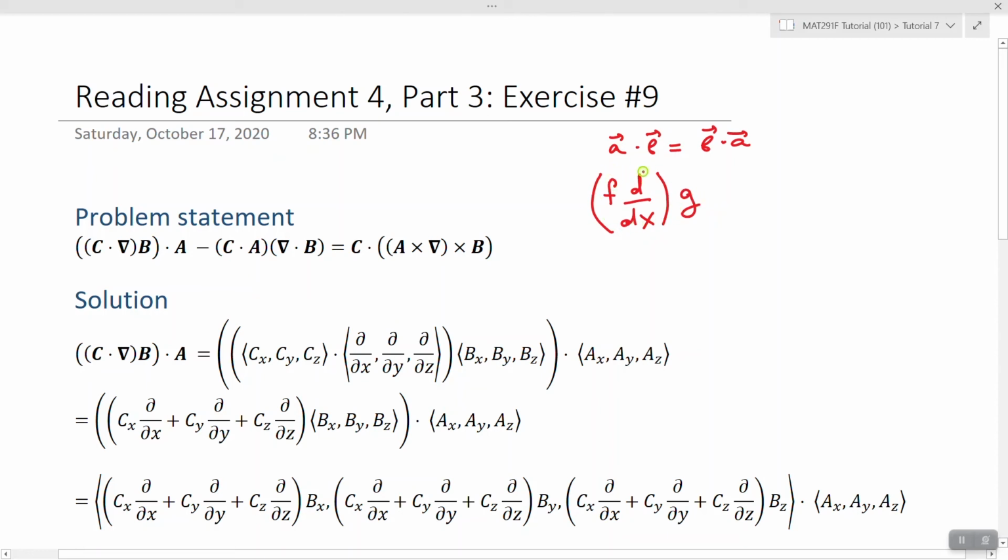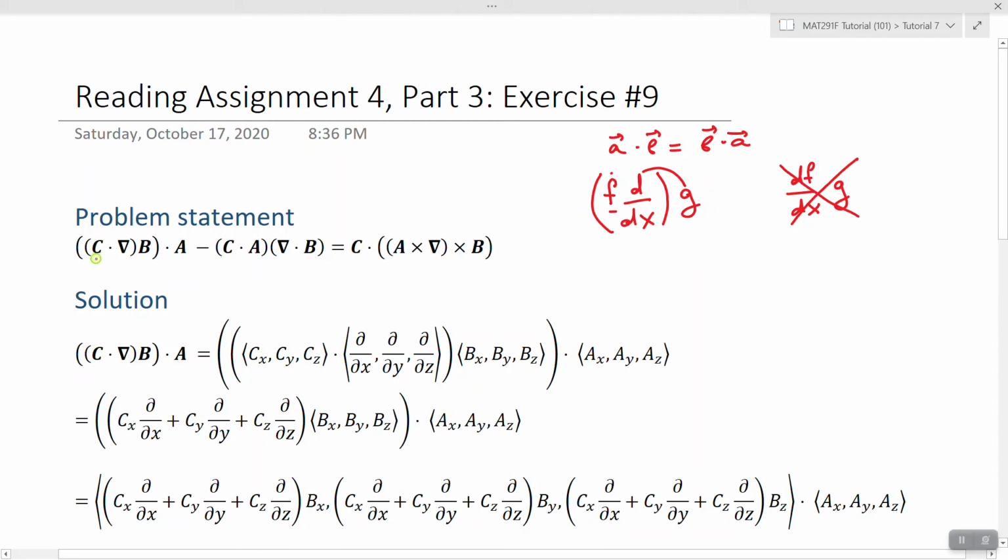So you need to differentiate g, and you need to multiply the result by f. It's not the same thing as writing df by dx and then multiplying it by g. They are not the same quantity. So don't just swap derivatives and things that visually look as if they multiply. Well, actually, in this case they do multiply, but yes, just be careful. Don't swap the del operator with anything.